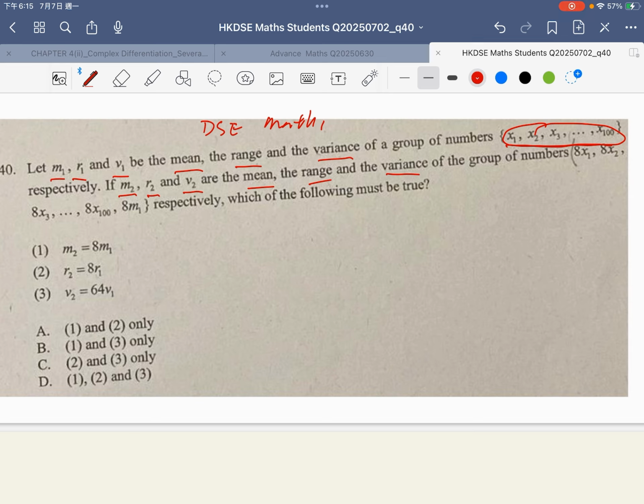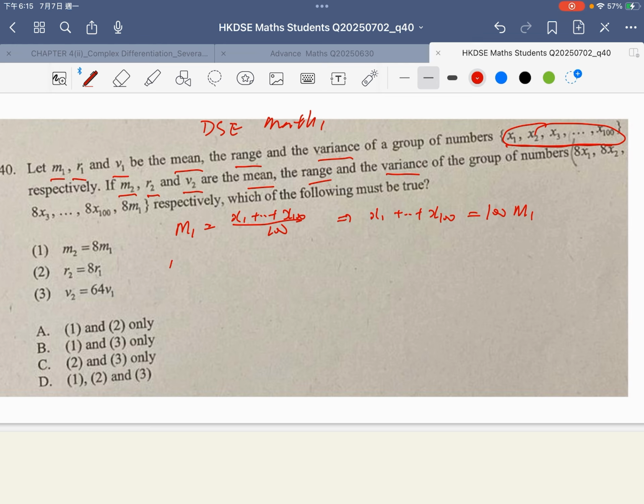First, I try to calculate the mean here. For M1 it should be equal to x1 plus to x100 over 100. That means x1 plus to x100 should be equal to 100 M1.